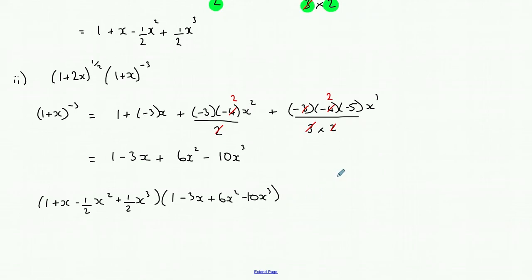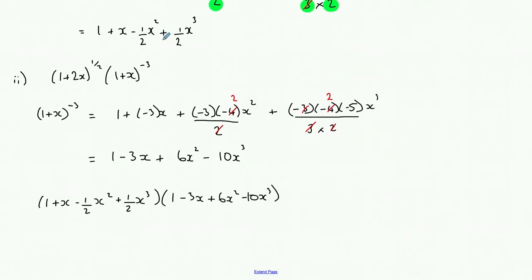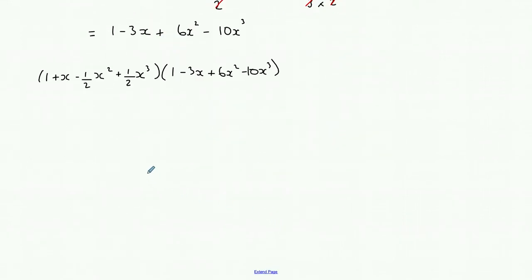Now, we don't have to multiply all of that out because we can stop when we get to x cubed. If I'm going to multiply something and get an x to the power of 4 or 5 or 6, I can ignore it. So I'm going to multiply the 1 by everything here, then the x by everything here, until I get an x cubed term, and then I'm just going to stop.